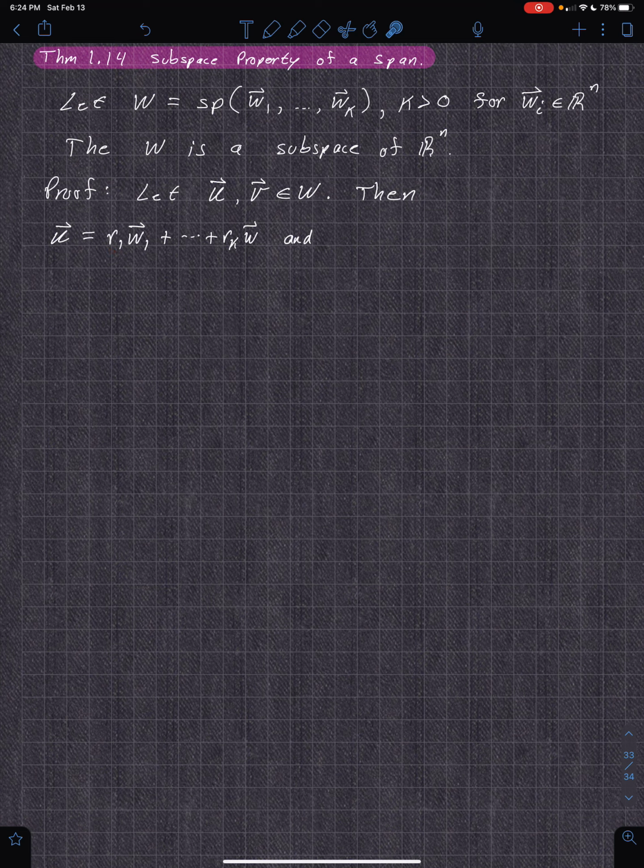Basically, if r1 is 1 and all the rest are 0, you get just w1. But it could be any linear combination of those vectors. And then v is different, or can be different.